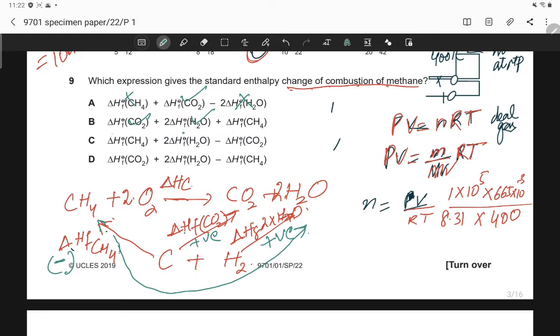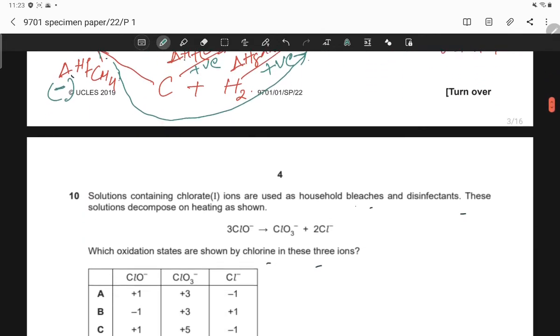This is also positive, so this is wrong. Delta HF of CH4 plus delta HF of water, this is wrong, this is correct, this is wrong. So option D is correct; B is incorrect, C is incorrect. So this is the best option.